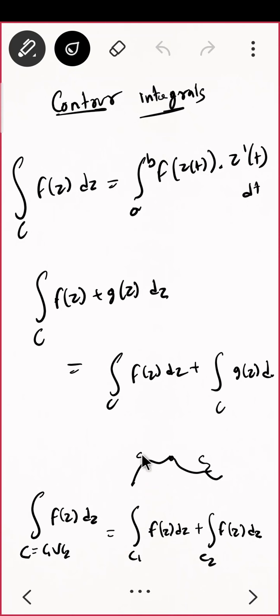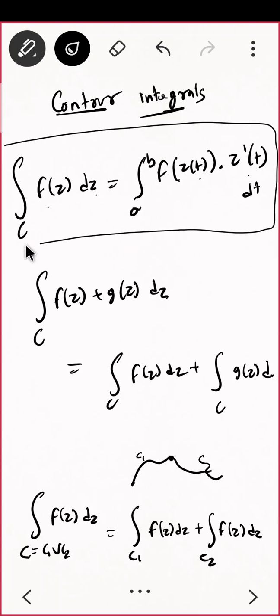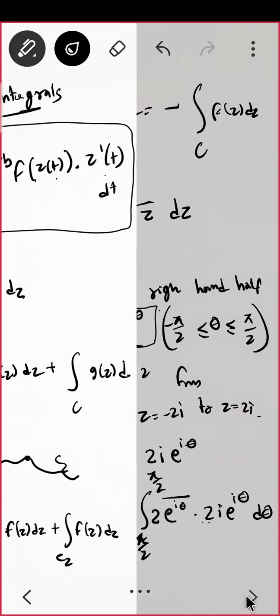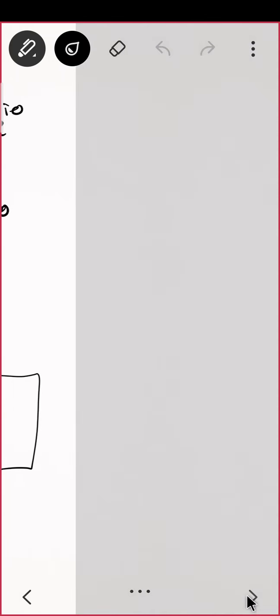What is the formula? This is my formula: f(z) dz, at the place of z I will put f(z(t)) times z'(t). You just remember this formula. That's it. Correct? We'll solve more problems so that we get familiar with this.